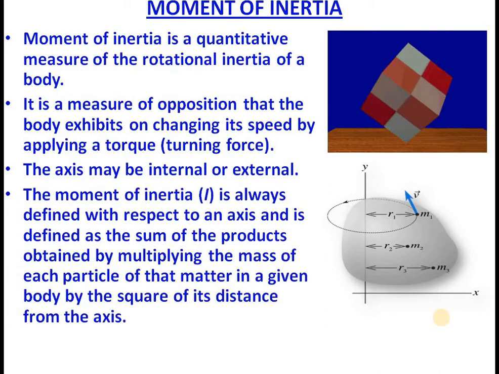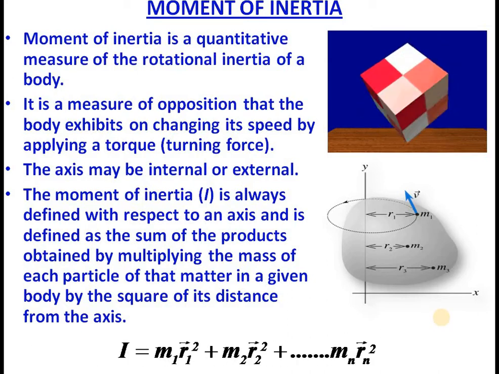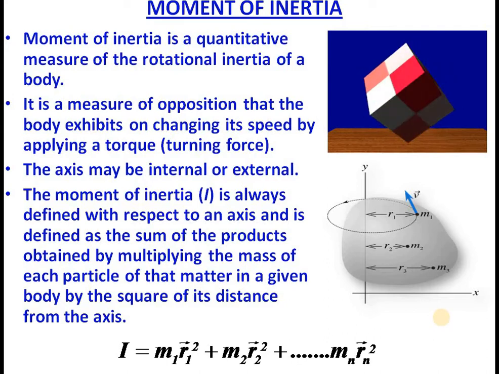Okay, and you can quantitatively define moment of inertia. We have studied that moment of inertia is the sum of the products obtained by multiplying the mass of each particle of matter in a given body by the square of its distance from the axis. And mathematically we express it as I equals m1 r1 square plus m2 r2 square plus so on until mn rn square.